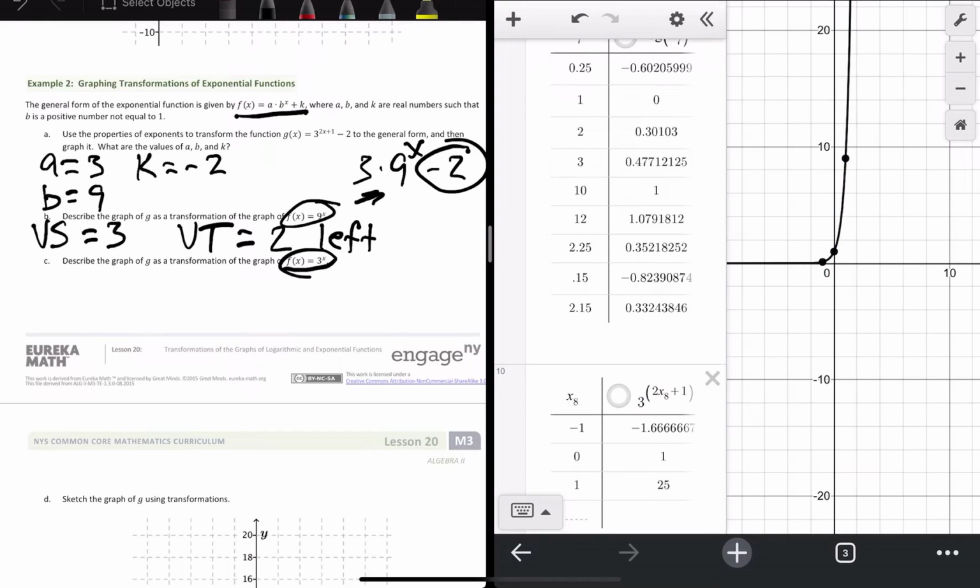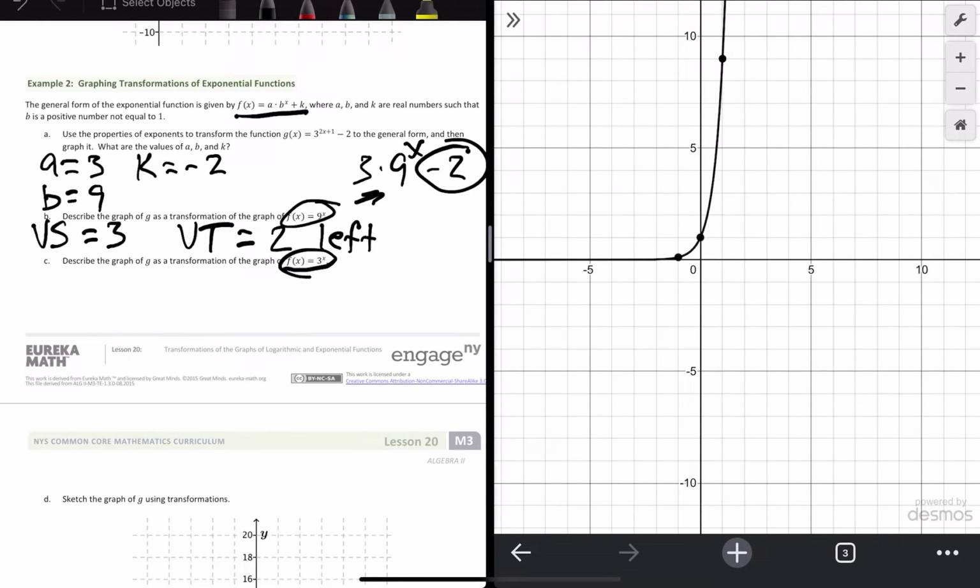Okay, let's just look at our values. So if we're looking at a parent function of 3 to the x, what all is happening here?